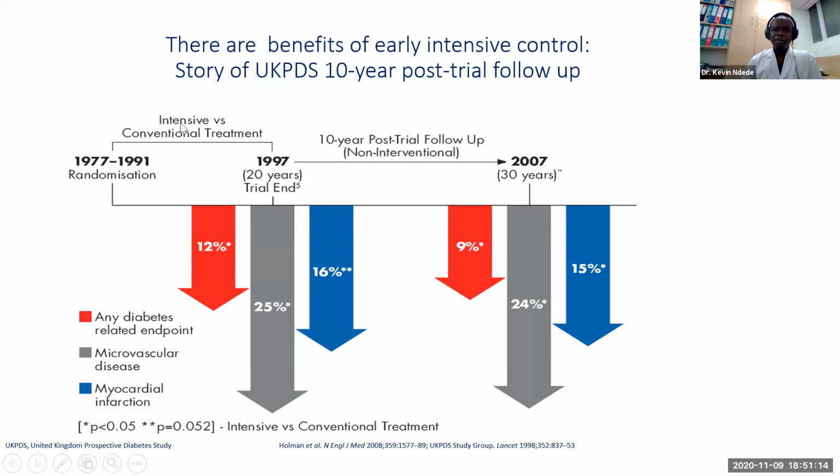When you looked at the people who are treated by intensive therapy, either insulin or oral antidiabetic agent, versus those who are managed on conventional treatment, which was largely just lifestyle measures, you could see the groups vary differently, and those who are on intensive therapy had a reduction in the endpoints, which were any diabetes-related endpoints in red, in gray is microvascular disease, and in blue is myocardial infarction.